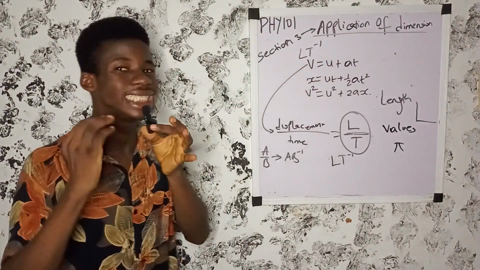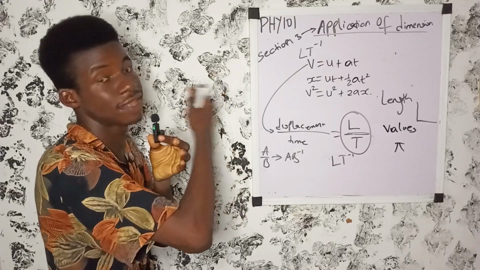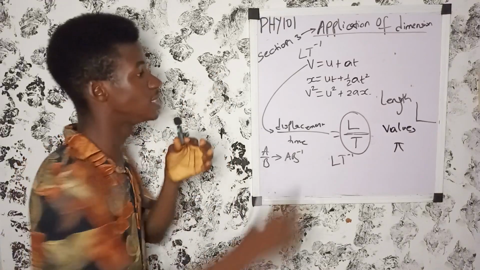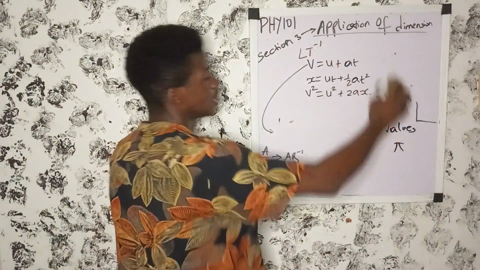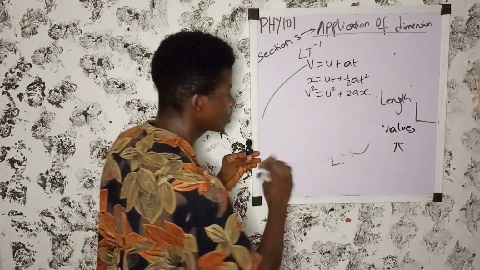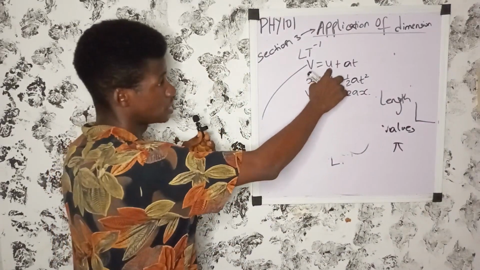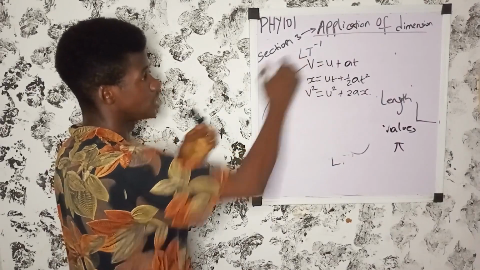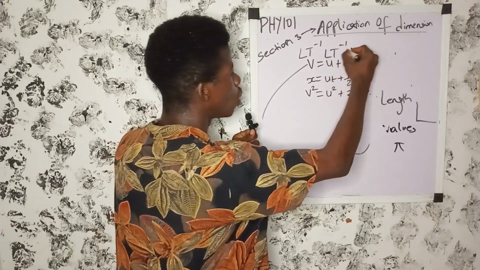If it is the same as the dimension at the left hand side, you know that this equation is correct. Let's move to the right hand side. This u is velocity as well. So the dimension for velocity is LT raised to the power minus 1, then plus.